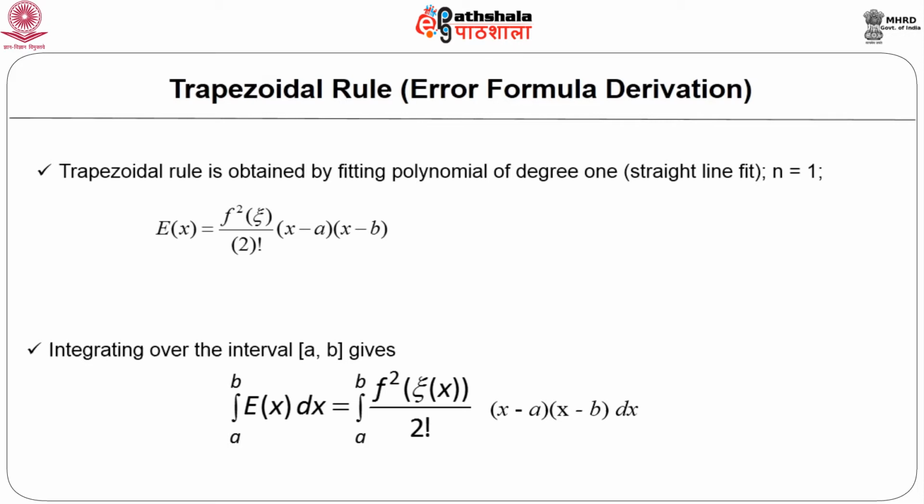Our x0 is a and x1 is b. So, the error term for this case, the integral from a to b of E(x) dx, is given by the integral from a to b of f''(xi) by 2, because n plus 1 is 2 now, there are n plus 1 points, that is 2 points, times (x minus a)(x minus b) dx.